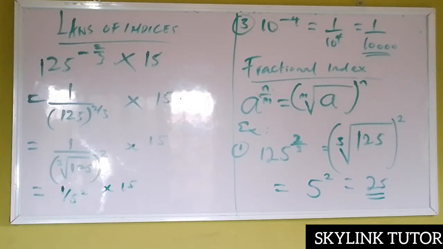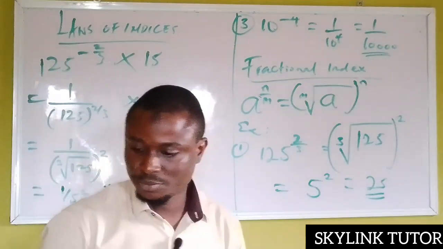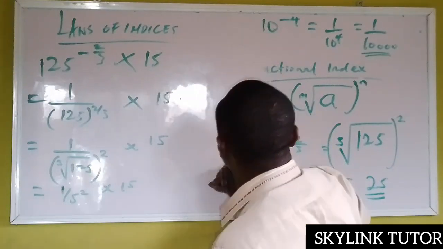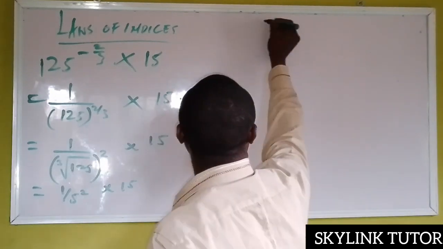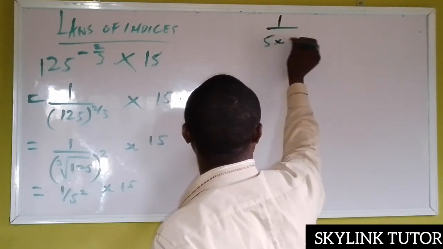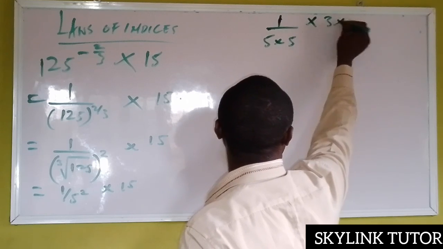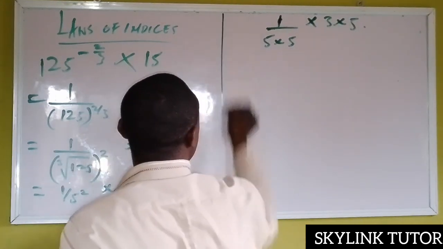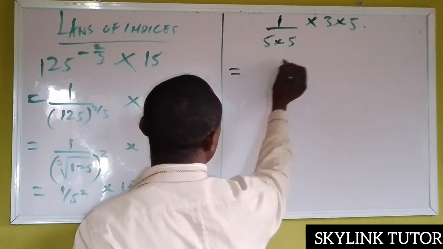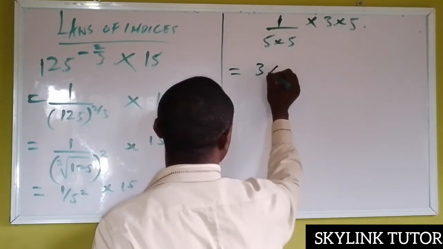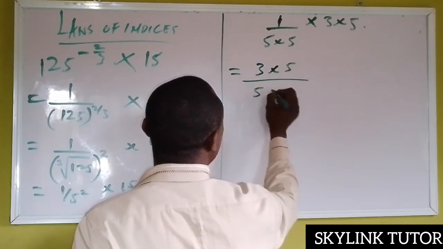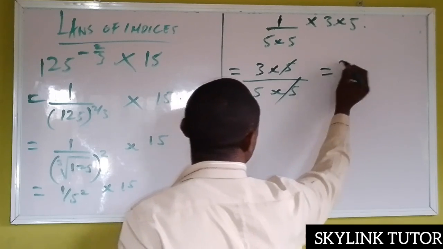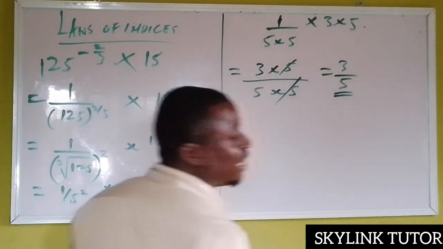So at the long run, I'm going to have 1 all over 5 times 5, then times 3 times 5 up. I'm just breaking things down for you. Then 1 times all of this, you have 3 times 5 upon 5 times 5. Looking at it, a 5 cancels out here. You have 3 over 5 as your final answer.